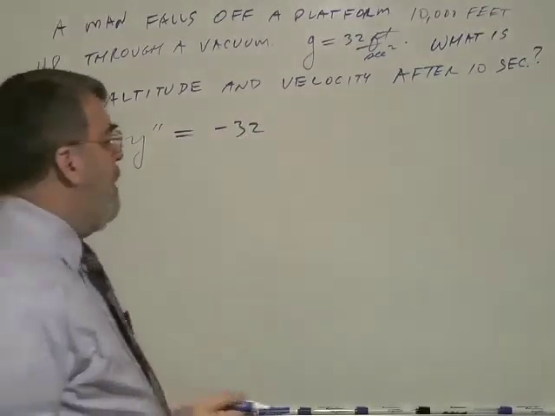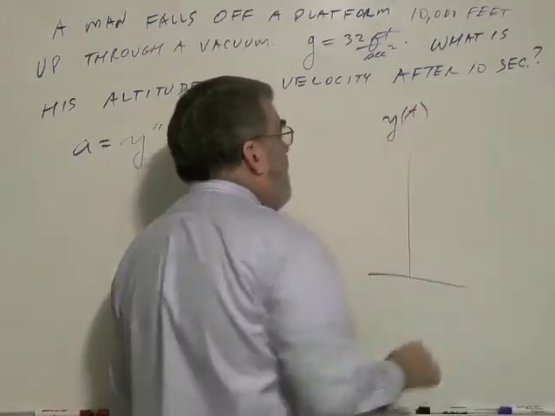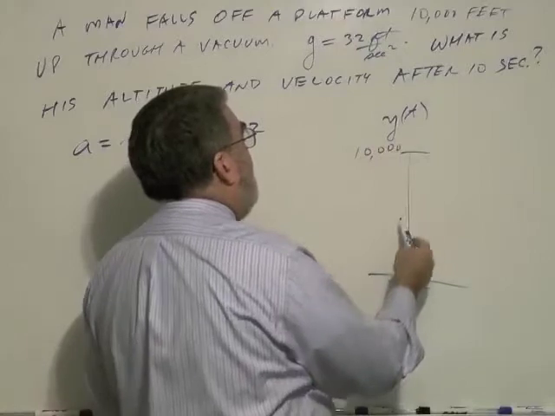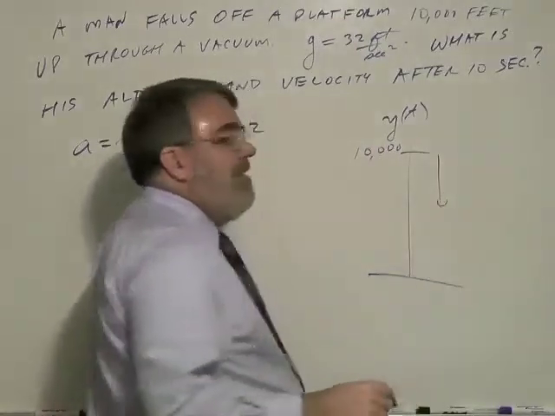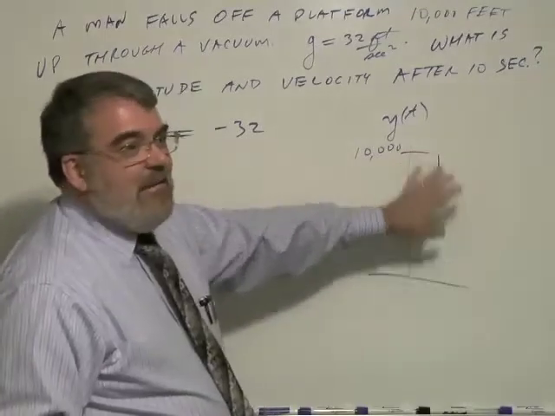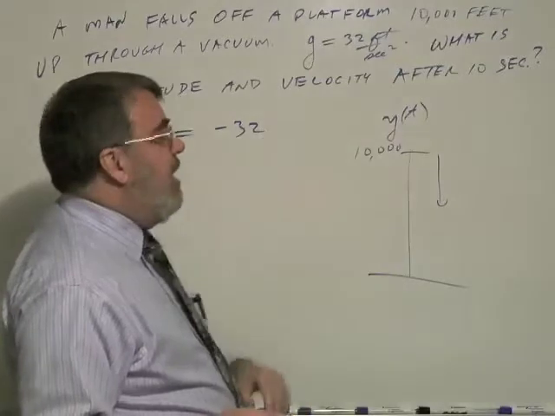But why negative? Because if position is positive going up, then when we fall, the velocity and the acceleration are negative because they're pulling it down. Up is positive, down is negative.